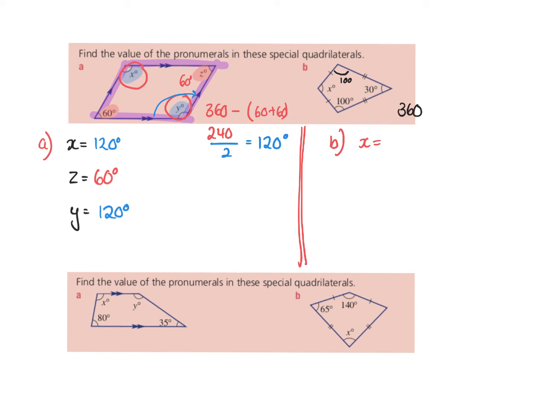So I'm going to say x equals 360 minus all the other ones, which is 100 plus 100 plus 30. So that would be 360 minus 230. So what does x equal? 130. Let's have a look up there. Does it look like bigger than 90? Yeah, looks pretty good. So we're happy. We think we've done that correctly.